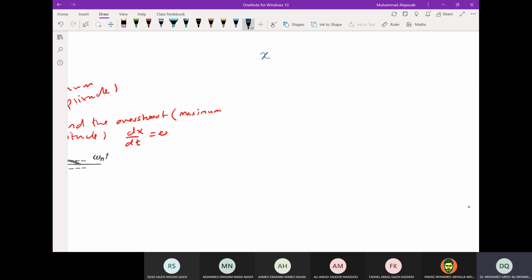So suppose x at 0 is greater than 0 and x dot at 0 is 0. Then the response will come directly from x at 0 and then drop without overshooting.